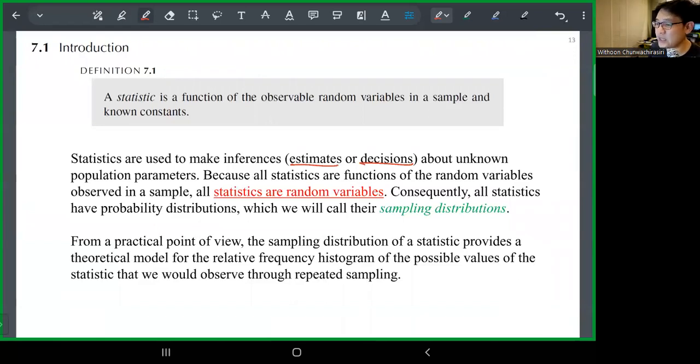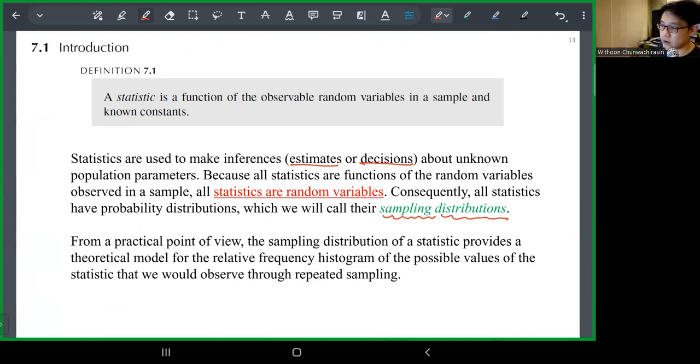This is the key, and it's the part I keep emphasizing all the time. It's the annoying part, because there are so many layers of randomness. Everything is random, pretty much. Consequently, all statistics have probability distributions, which we call sampling distributions. This provides a theoretical model that gives you a distribution, which you then use to do the estimation.